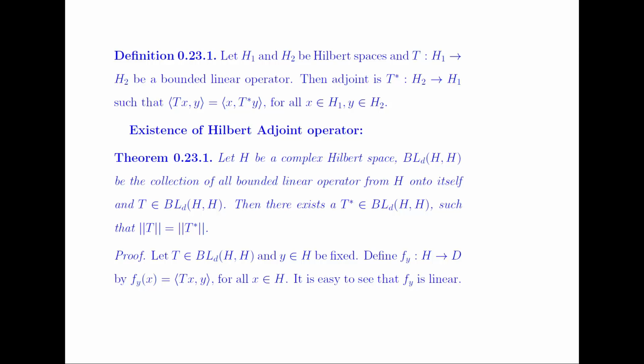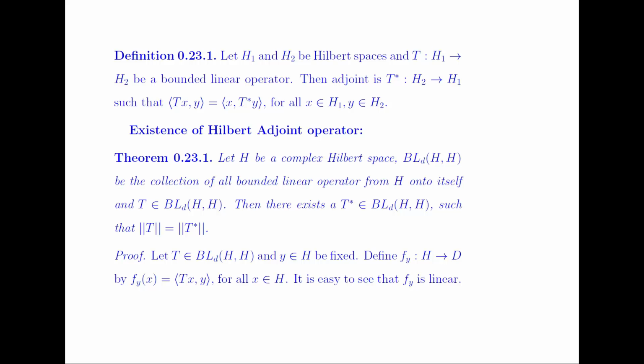So now we'll talk about first of all the existence of this Hilbert adjoint operator. We can talk about the existence of this Hilbert adjoint operator using the Riesz representation theorem in Hilbert spaces. So first is a theorem. Let H be a complex Hilbert space, and we'll represent by BL(H) the collection of all bounded linear operators from H onto itself.